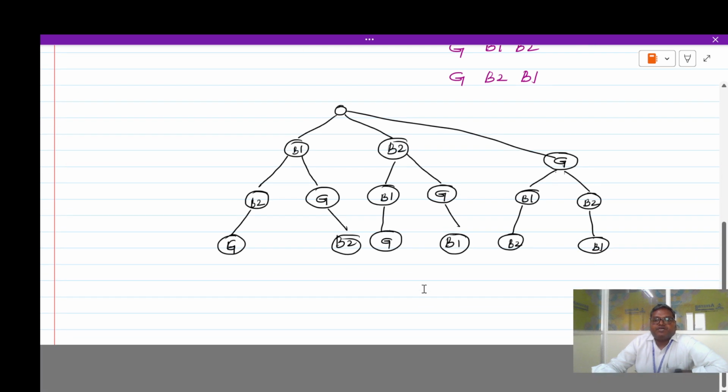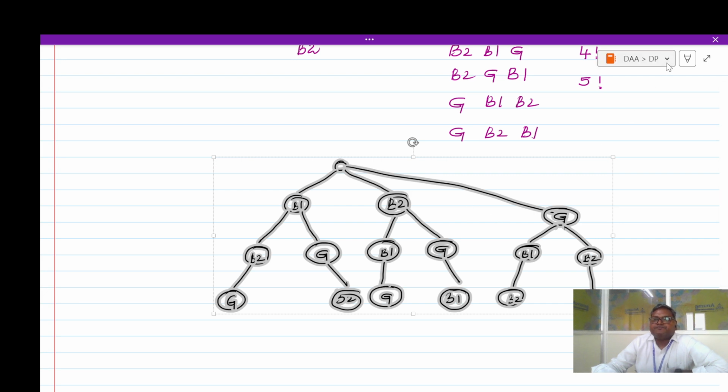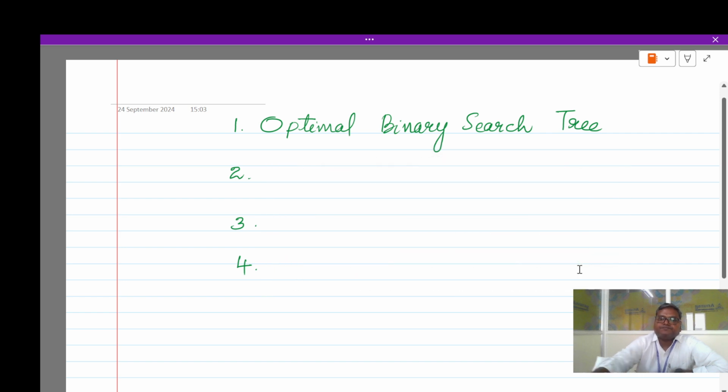Now suppose I put a condition that girl should not be placed in between two boys.